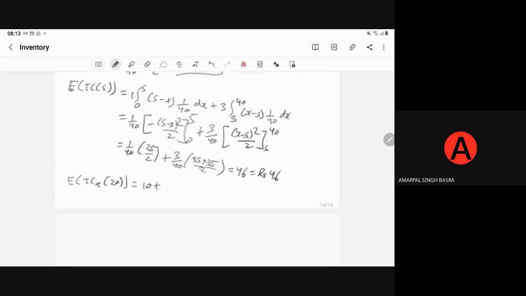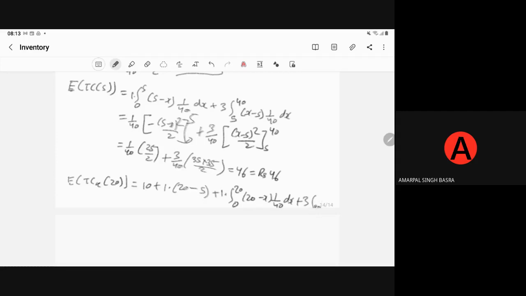So how much you have to order? C naught is 1 rupee. How much you have to order? 20 minus 5, because 5 is in your hand and you want 20. Then the holding cost: 1 into how much you have to hold? 0 to 20, (20 minus x) 1/40 dx. Then the shortage cost: unit shortage cost is rupees 3, and how much is the shortage?